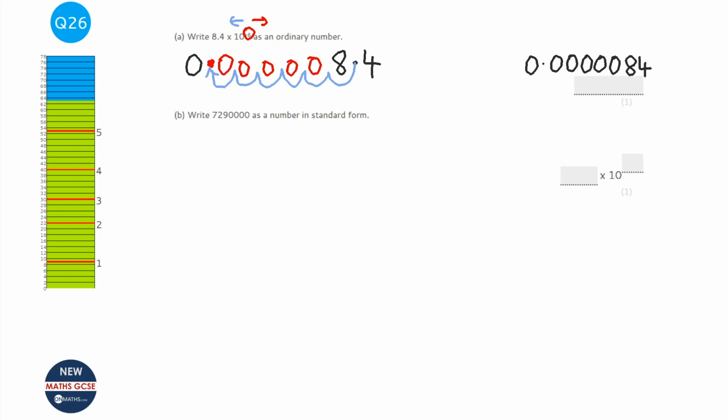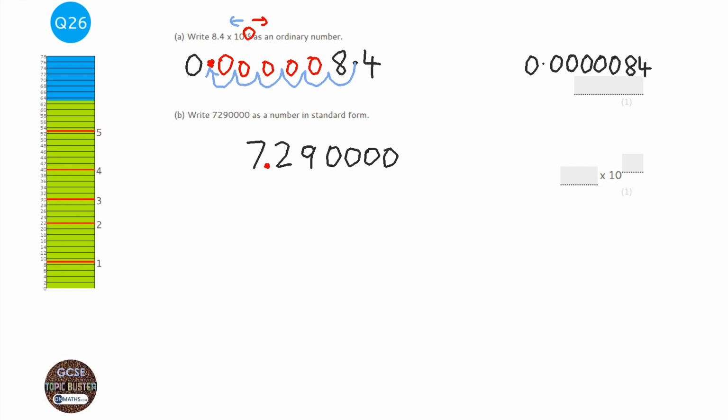Okay, to convert to standard form, you write out the number, and you try to put a decimal point in to make the number between 1 and 10, but not including 10. If I put it in here, that would be 72, so that would not be right. So I need to put it in here. Then you count how many times you had to move the decimal point to get it there.